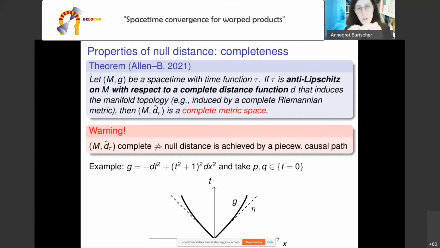And of course, if you pick two points P and Q that are on this t equals 0 hypersurface, then the limit of the shortest paths will be just the straight horizontal line. But obviously, that's not a piecewise causal path anymore. Okay, so this is a little bit about completeness.